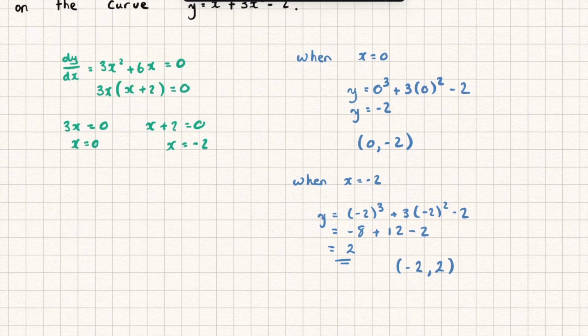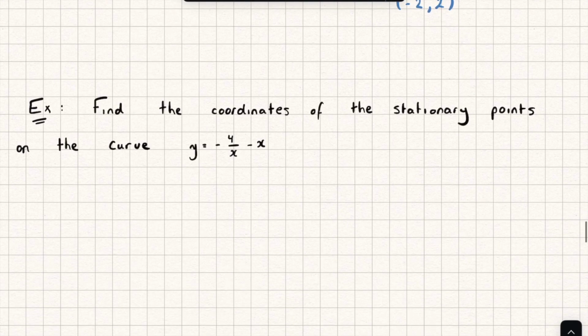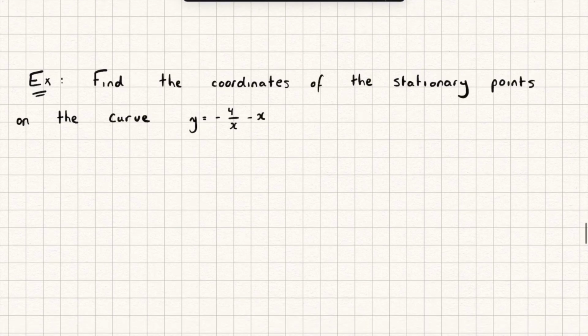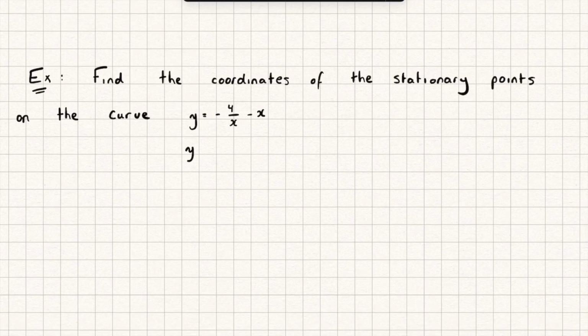Let's look at another question where the curve is a bit more complicated. Here we're finding the coordinates of the stationary points of the curve y equals minus 4 over x, minus x. Again, the first thing you want to do is find the derivative. To make it a bit easier, I'm going to rewrite this curve as minus 4x to the power of minus 1, minus x.